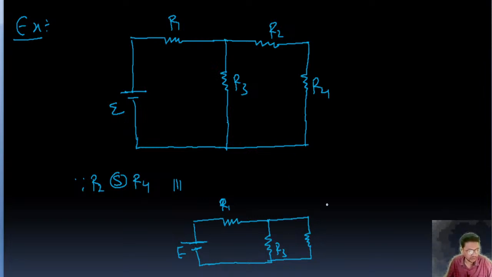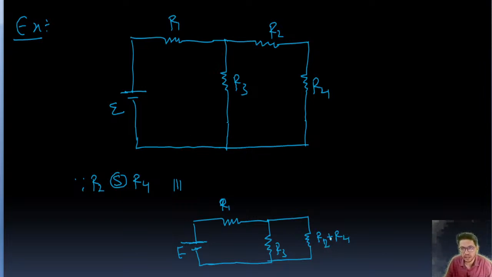We add if they are in series. I have already explained what is the total resistance if resistances are in series, and what is the R equivalent if resistances are in parallel. So this is R2 plus R4.